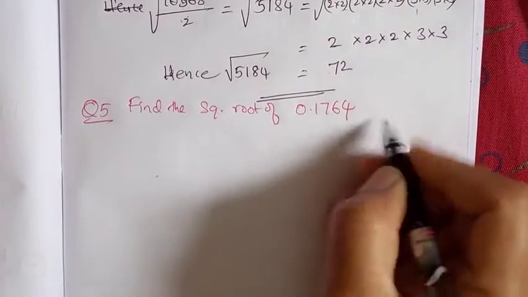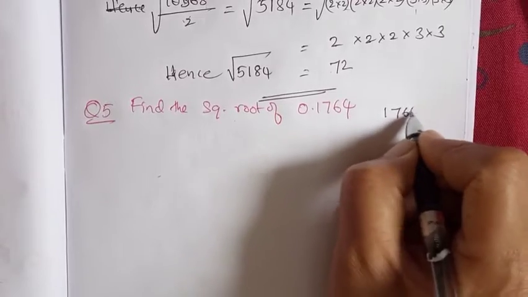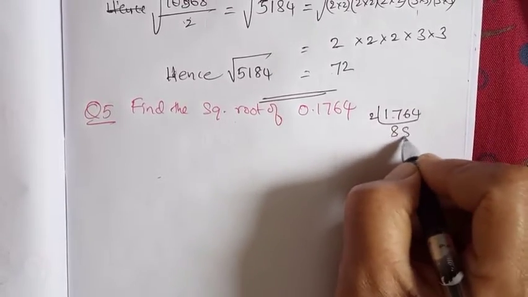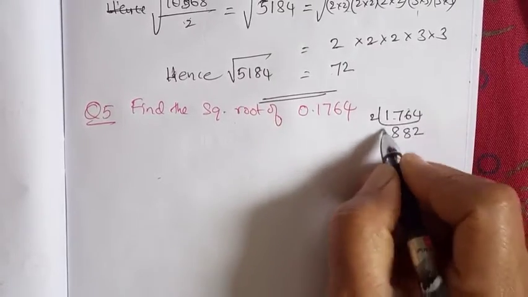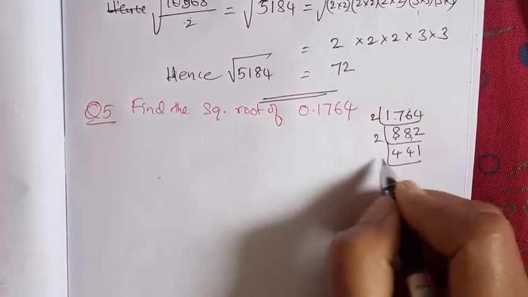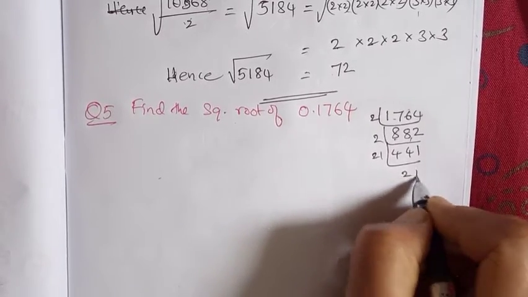So let us go with the 1764. 2 8s are 16, 2 8s are 16, 2 2s are 4. 2 4s are, 2 1s are 21, 21s are.